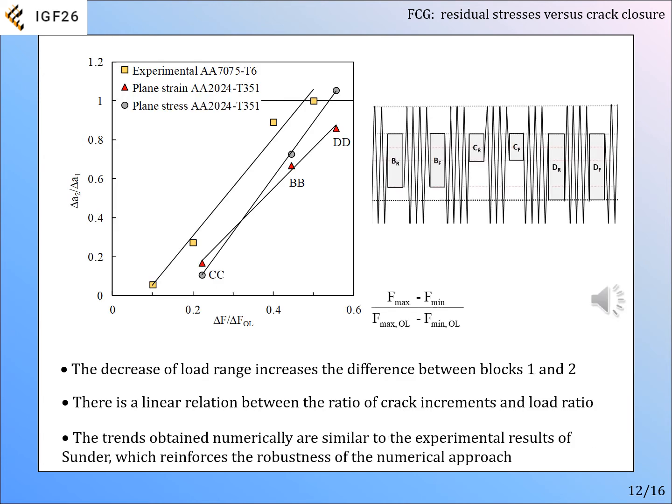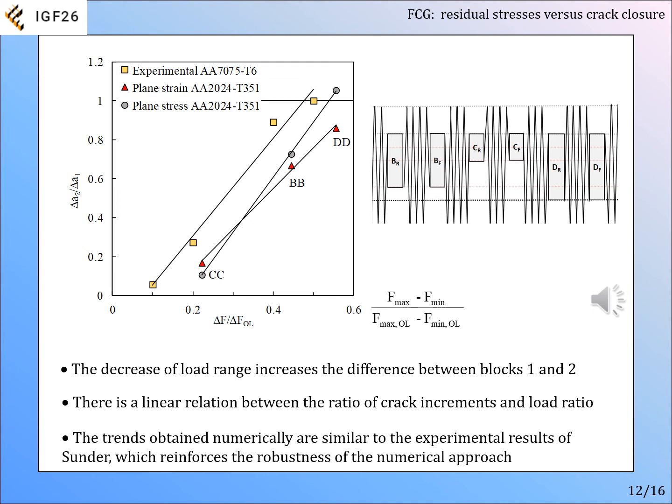This picture shows the effect of load range on the difference produced by load blocks of type 1 and 2. The vertical axis plots the ratio between the crack increments of blocks 2 and 1, while the horizontal axis presents the ratio between the load range and the load range of the overloads.